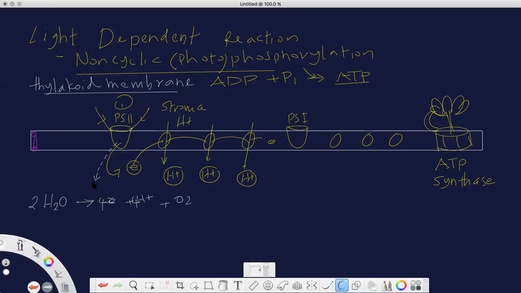This one is not so clear because not everything has been discovered yet, but it is somehow the enzyme complexes' activation, and maybe also the energy from the photosystem helps to break this water molecule, and the process is called photolysis. The process is called photolysis.